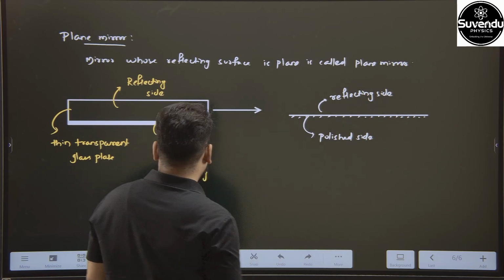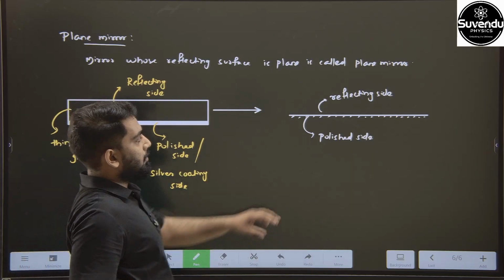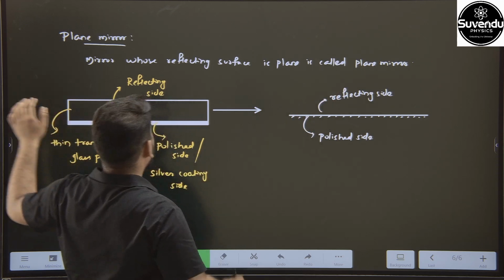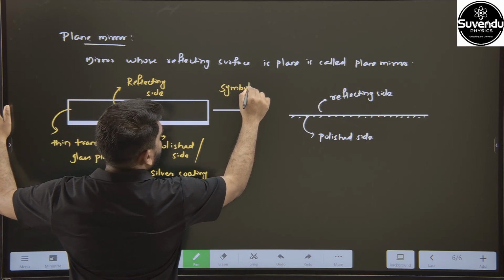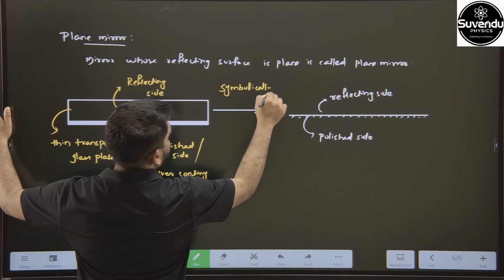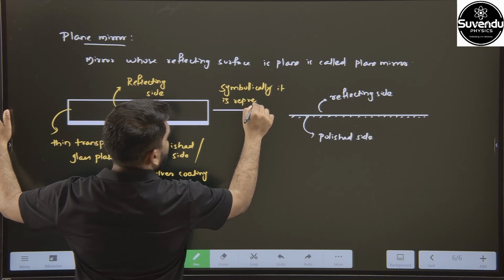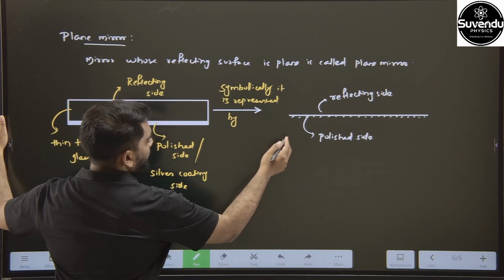So from here we understand that the right side diagram represents the symbolical representation of plane mirror. So symbolically it is represented by this right side diagram.